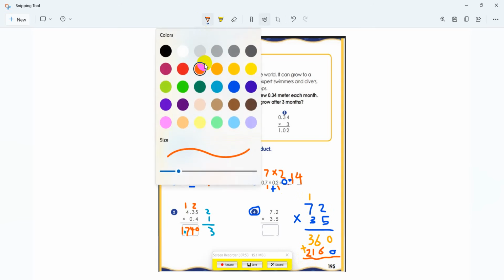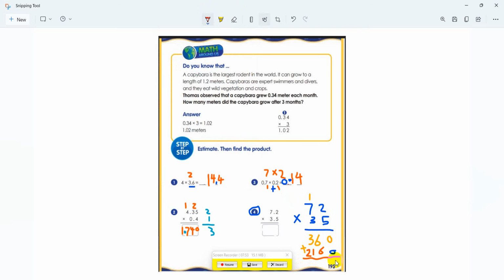Now we add. 0 plus 0 equals 0. 6 plus 6 equals 12. 2 and carry up 1. Then 3 plus 1, 4. 4 plus 1 equals 5. And then we drop the 2. The answer is 2520. We put it here.